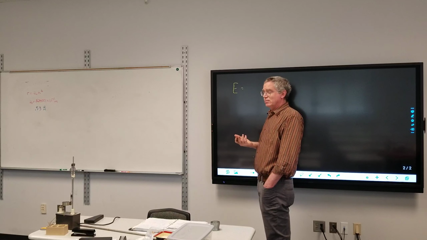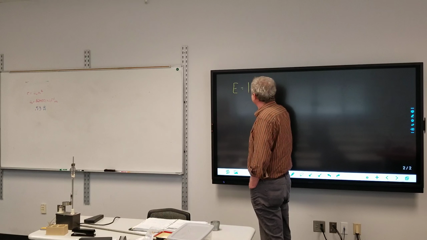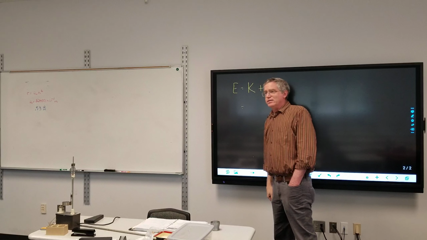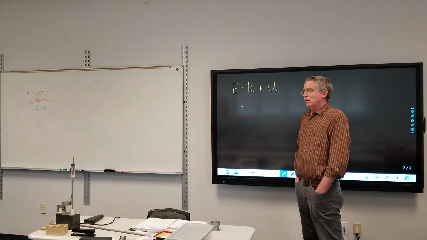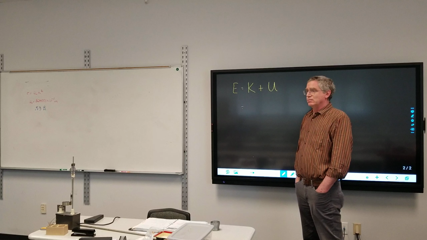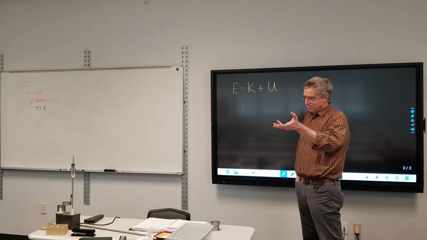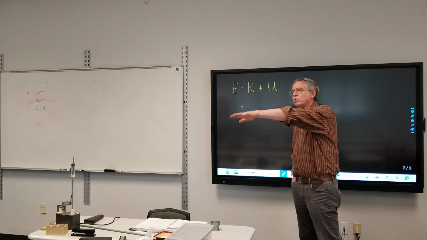What are my two types? Assuming the electron is not going to burst into flames. Potential and kinetic. But what's the formula for kinetic energy? 1/2 mv squared.